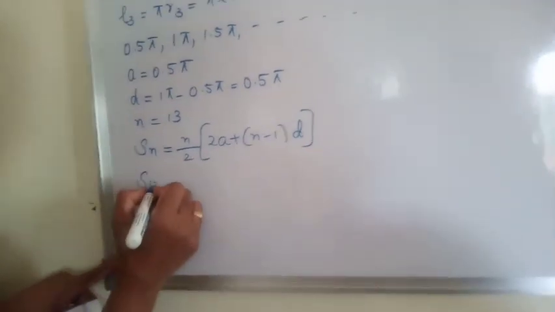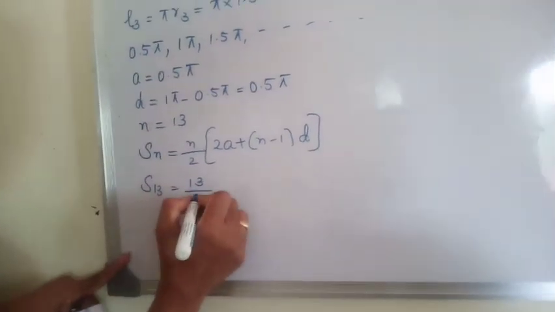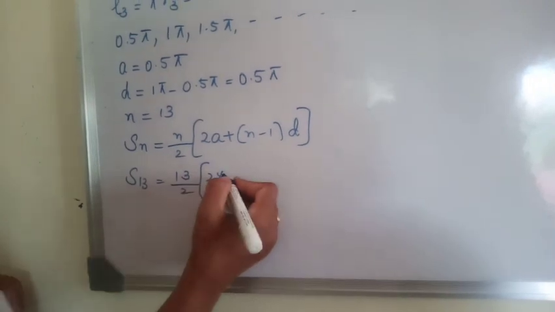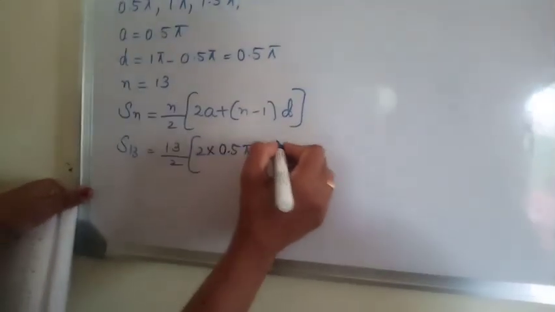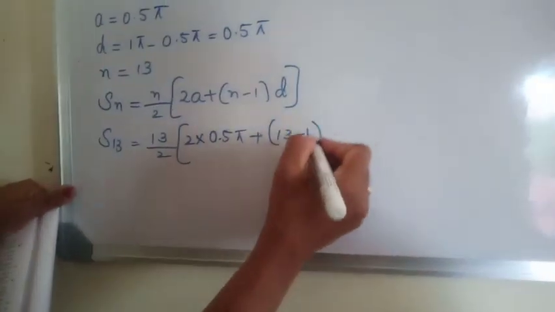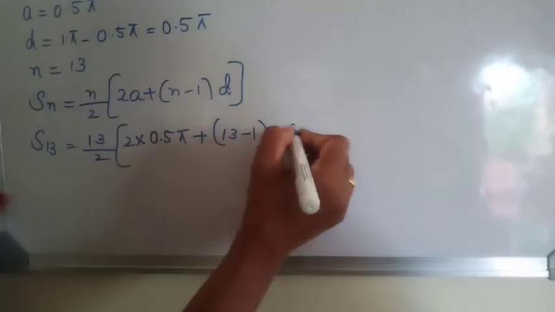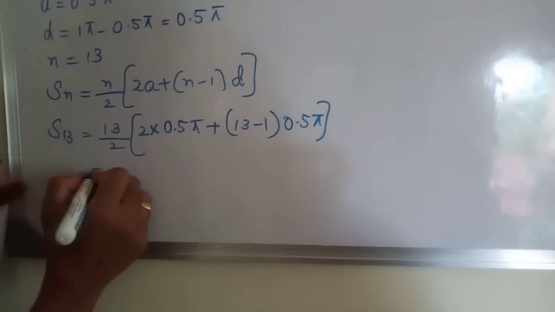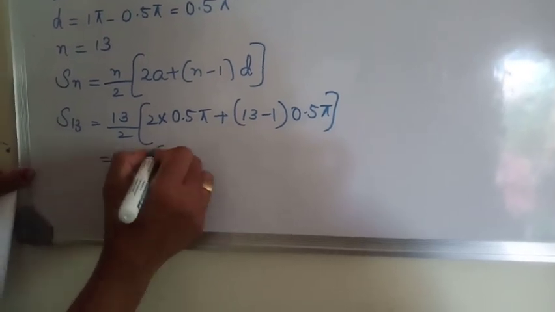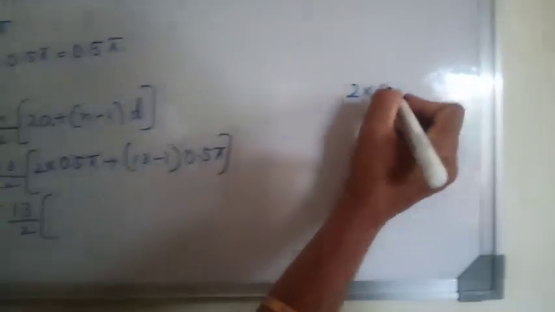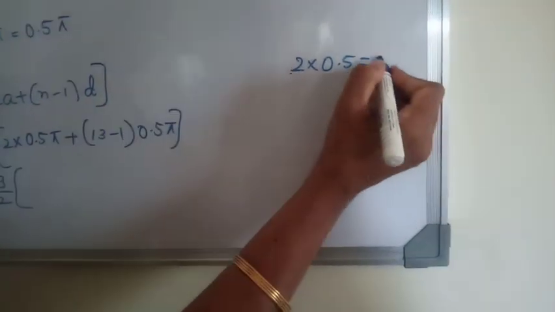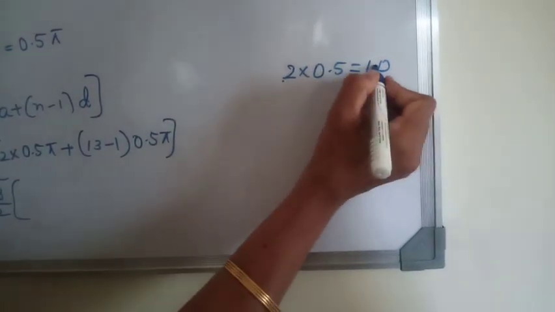S13 equals 13 by 2 into 2 into A, which is 0.5 pi, plus 13 minus 1 into D, which is also 0.5 pi. It is equal to 13 by 2 into, what is 2 into 0.5? 5 into 2 is 10, one point we have to put left.